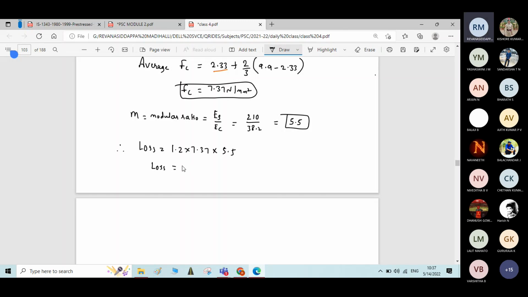Please calculate and check the answer. 48.64 Newton per mm square is the loss of stress due to creep. Okay, so this completes the calculation of loss of stress due to creep. So any doubts you can ask before moving to the calculation of the next type of loss.